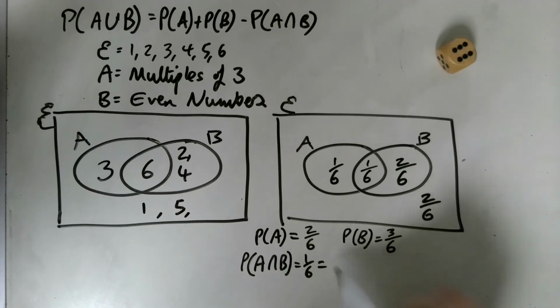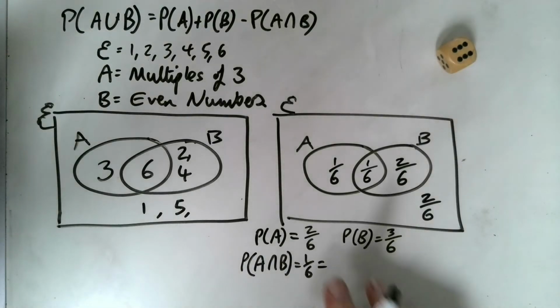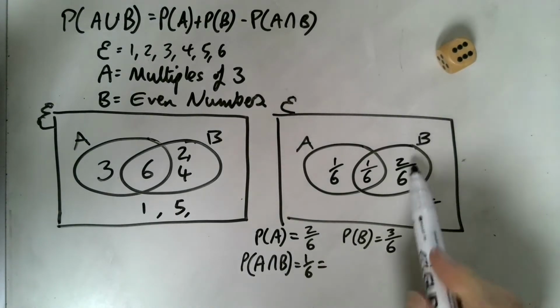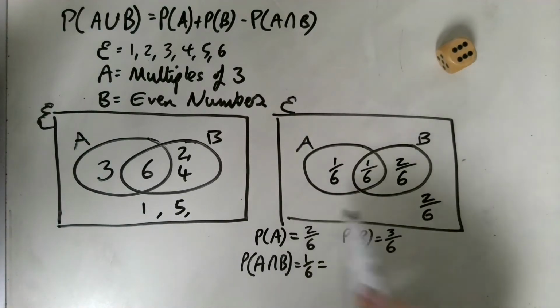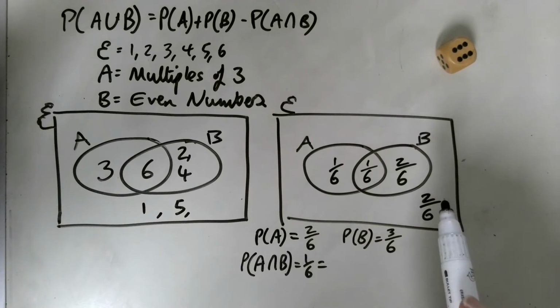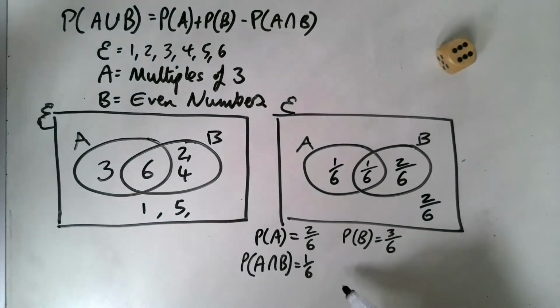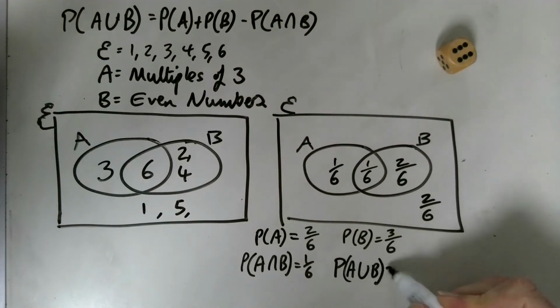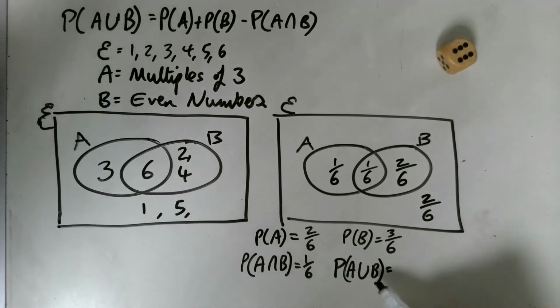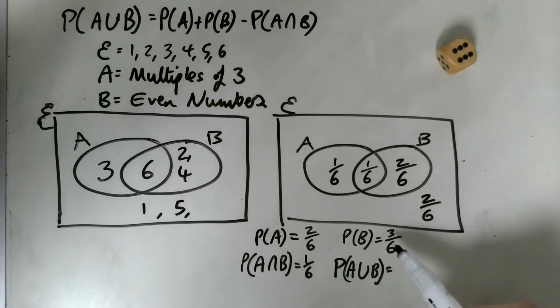Now if I want to know the probability of A intersection B, I can see that it's 1/6 there, but if I was going to get it by doing something clever, so that's 1 in 6. If we look at this formula that we've been given, for A union B, I know that the probability of A is 2 out of 6.